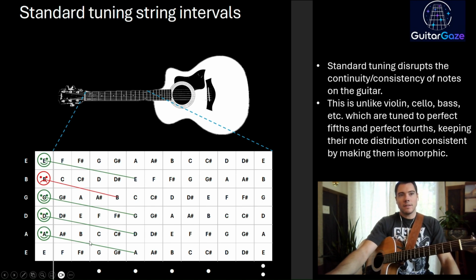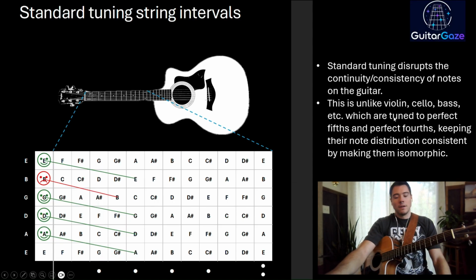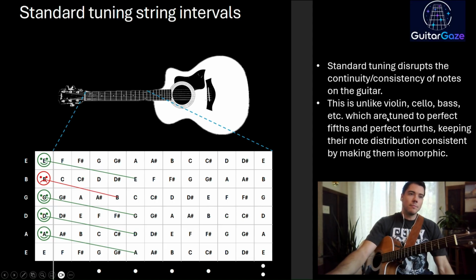If you look at the intervals from string to string in standard tuning, as we went over in lesson number 1, all of them are the same. All of them are equivalent to 5 frets, except for the interval between the G and the B string. And this is unlike other string instruments. For example, if you look at violin or cello or bass, those instruments are more often than not tuned isomorphically, which just means that the interval between all the strings is the same.